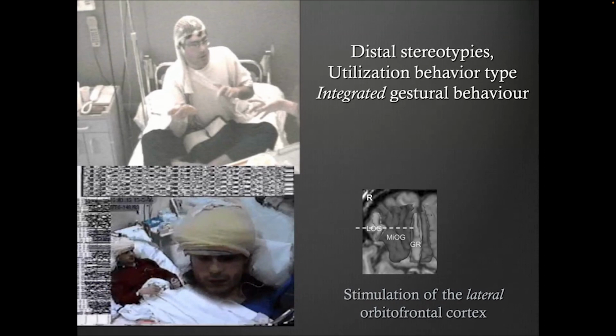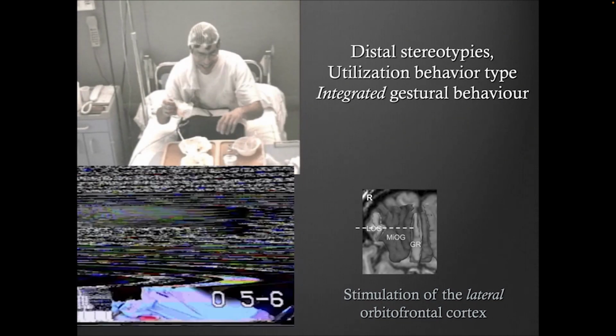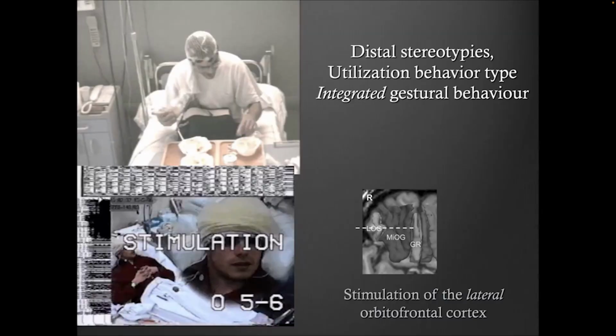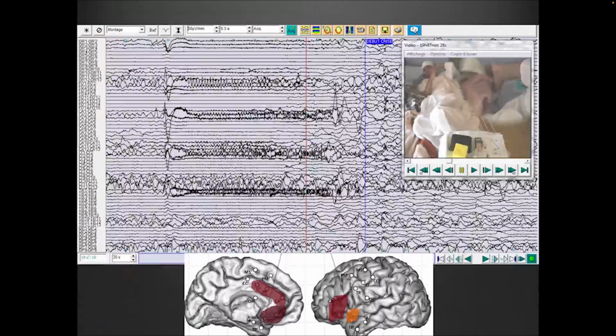So you see that he had objects in front of him and was obliged to grasp and grab them and manipulate them with his hand. That is typically what we got, and that's the same patient you just saw before, not the one we stimulated, but the other at the top of the screen.